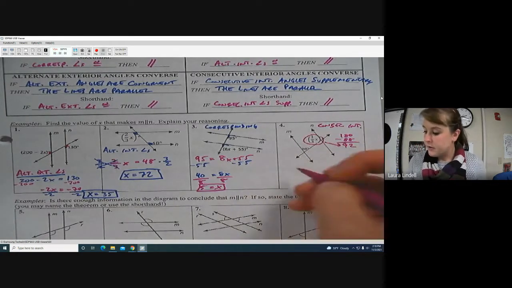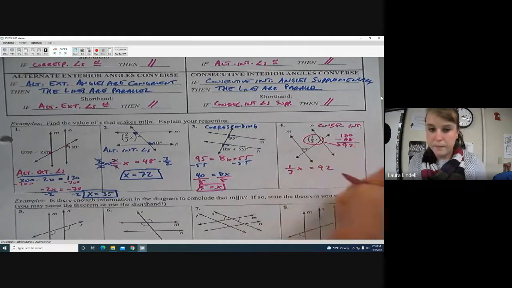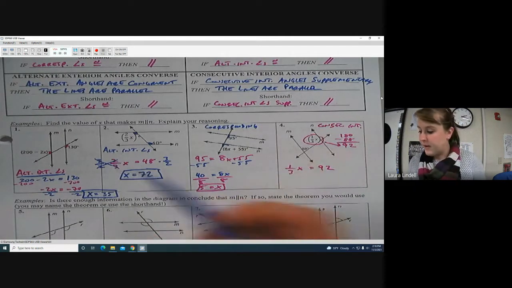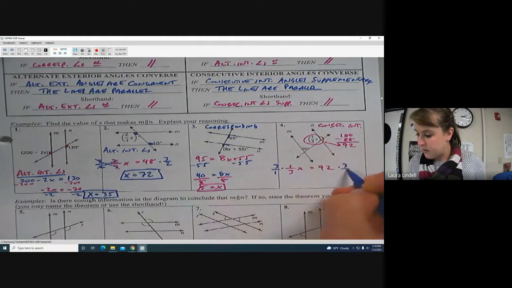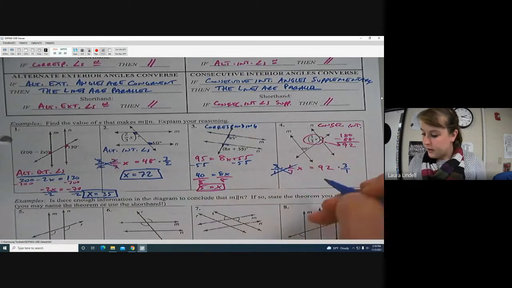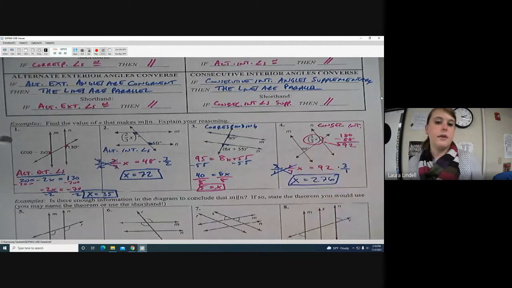So now I can just go 1/3 x equals 92 and solve it the same way that we solved this one with the fraction. I can multiply by 3/1 on both sides so that my fraction cancels away. 92 times 3/1 is 276. So we're good to go there.